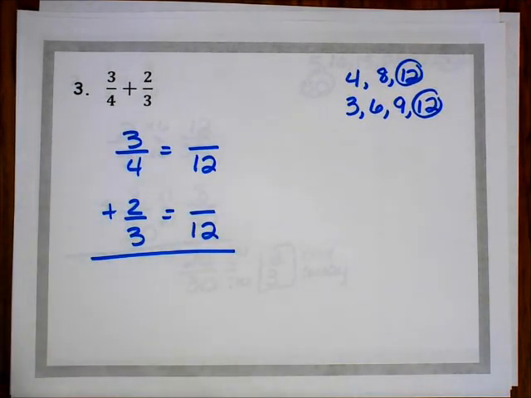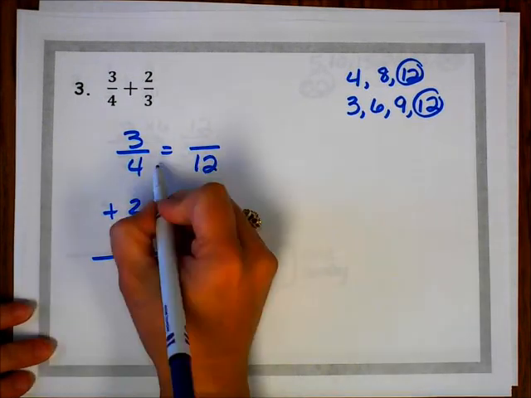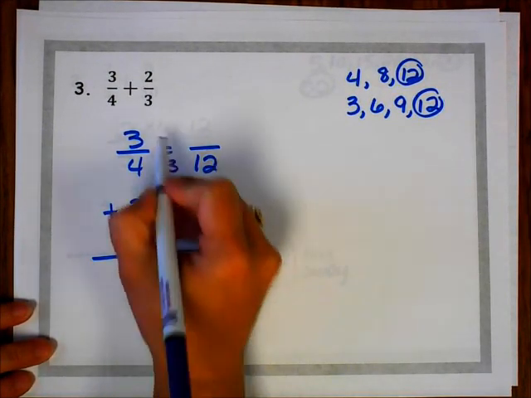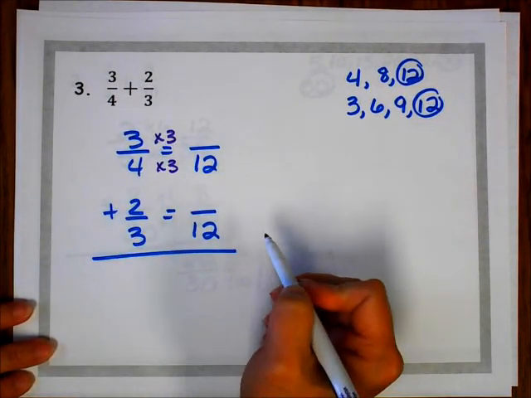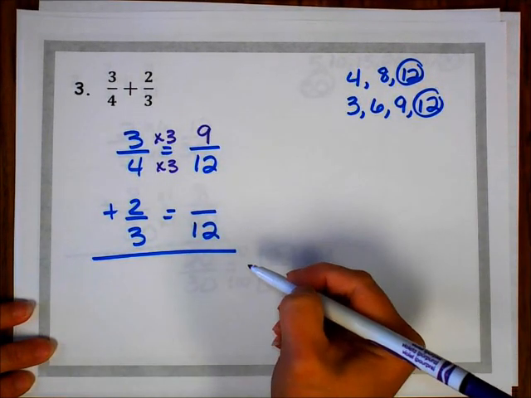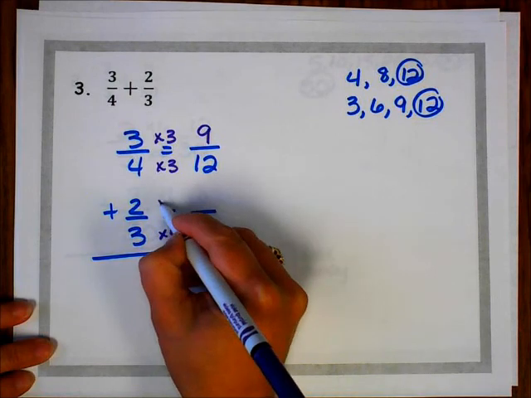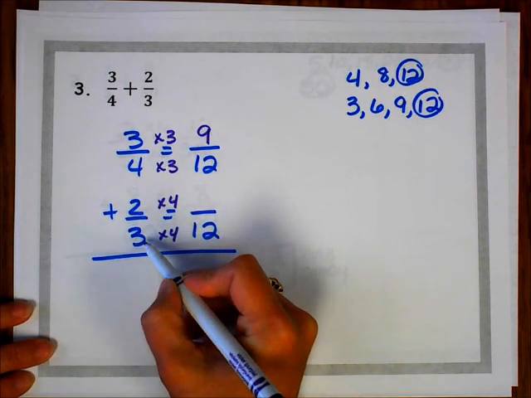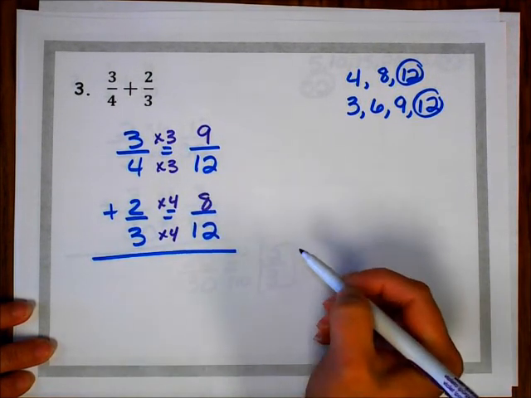Next, you found your equivalent fractions. You should have said 4 times 3 was 12, so times 3 for the numerator. So 3/4 is equivalent to 9/12. And 3 times 4 was 12, so 2/3 is equivalent to 8/12.